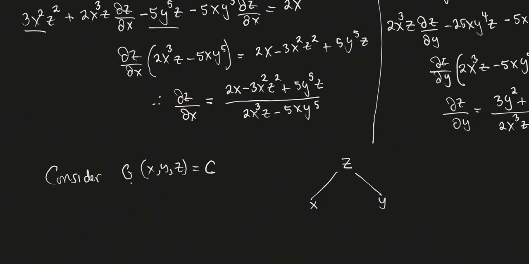So if I were to express this using our chain rule, I would have to slightly rethink this and say, okay, well, again, because I don't have it in the form z of x, y, or f of x, y, this might not be the best form. But what I can do is say I have a function, and we're calling it g, and g depends on x, y, and z, right?